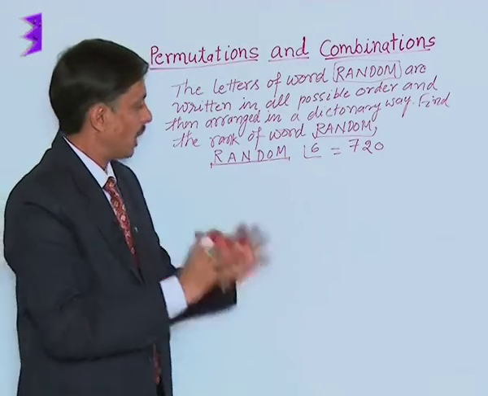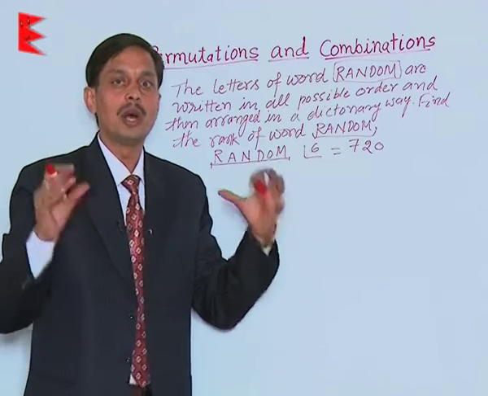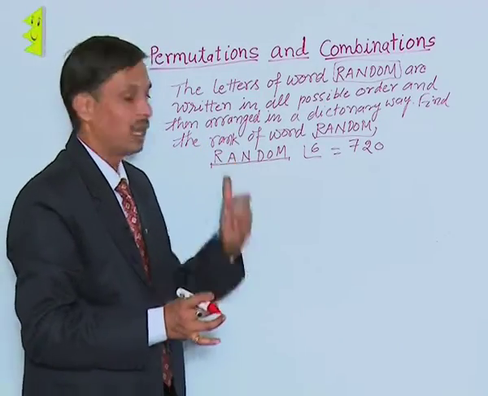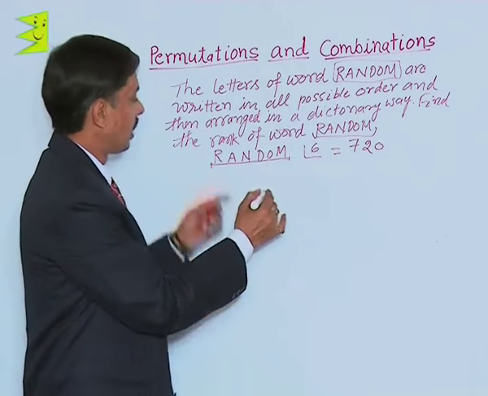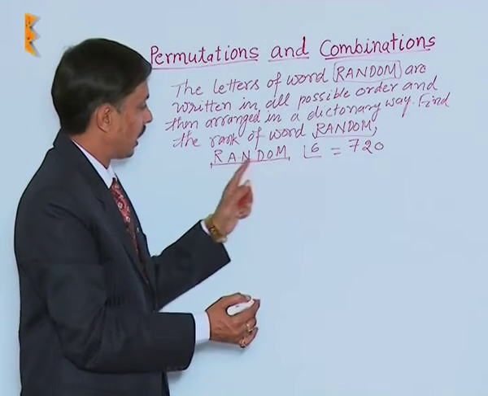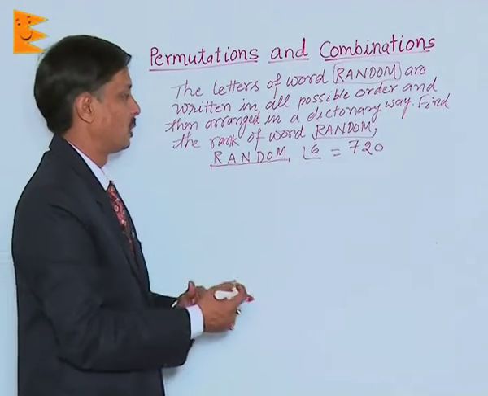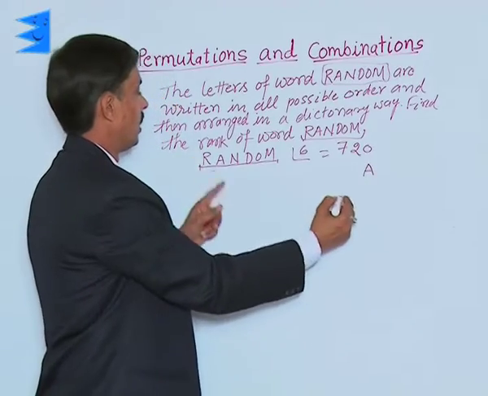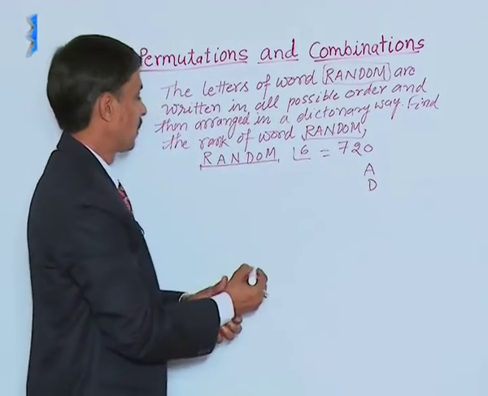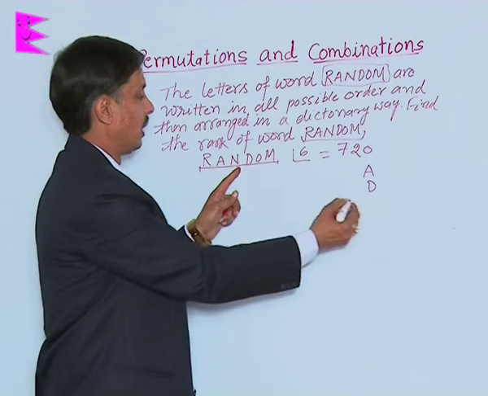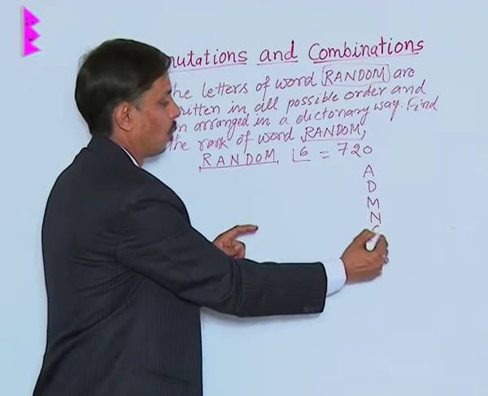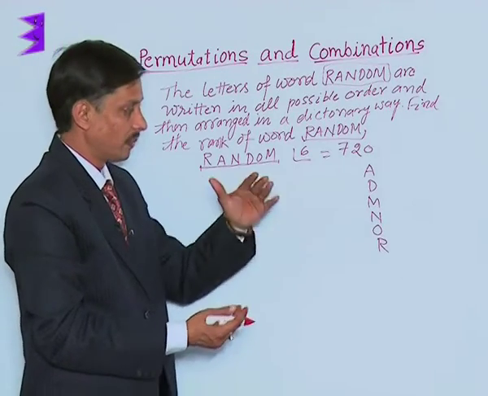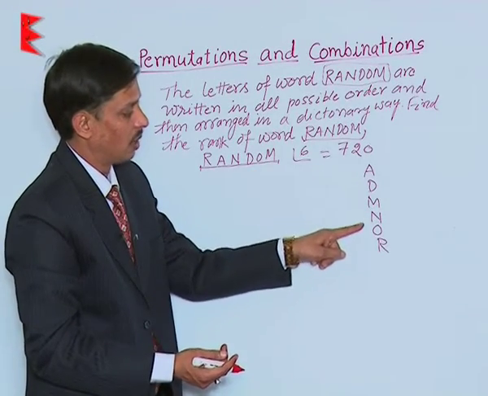First thing. But if I tell you to arrange them in the dictionary, first of all, the letters which start with A come first. So I am writing the order of the letters used in random as per the dictionary condition. First is A, then D, then M, N, O, and finally R. So as per the dictionary, the order is A, D, M, N, O, R.